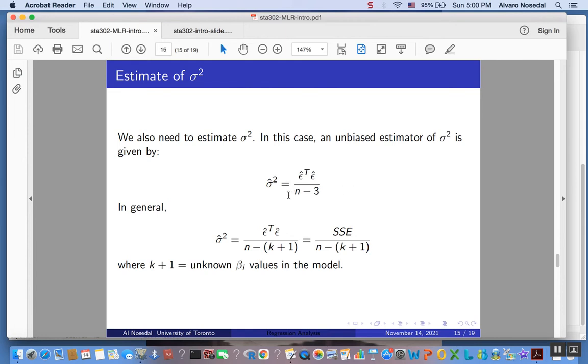In this case, instead of having two betas, beta 0 and beta 1, we now have 3 betas. That's why we are using n minus 3. If we had, say, 4 betas instead of 3, we would be subtracting a 4 here.